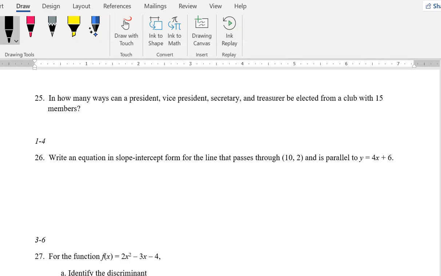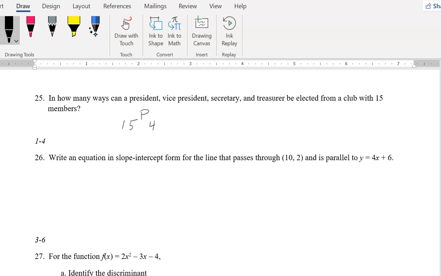So it's kind of like a first, a second, a third, and a fourth in the ranking order. So for permutations, you again take the total number, 15, and we've got 4 different places to fill, 15P4.